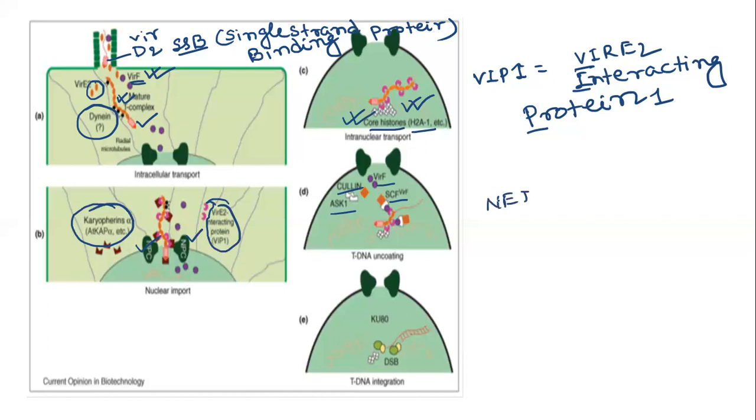They use the DNA repair machinery, that is the non-homologous end joining (NHEJ) mechanism, after cleaving the plant genome. Then the Ti plasmid or T-DNA enters into the plant genome and is integrated.